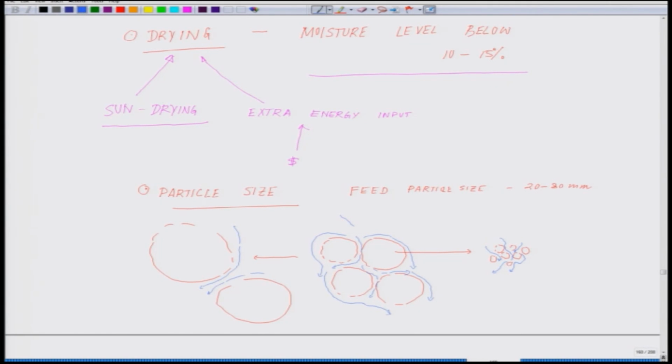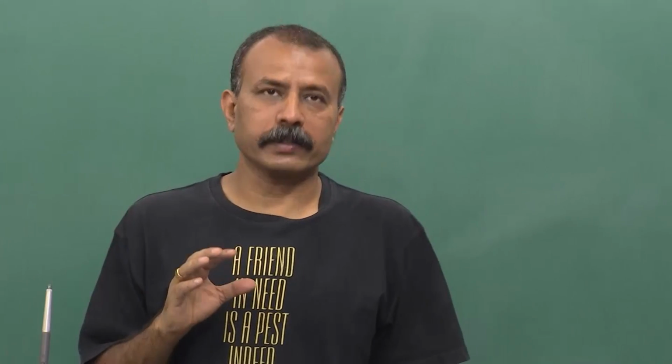So, you have to go for an optimal particle size, and that optimal particle size will be a kind of a trade off you will be doing in order to get the maximum out of a gasifier system.